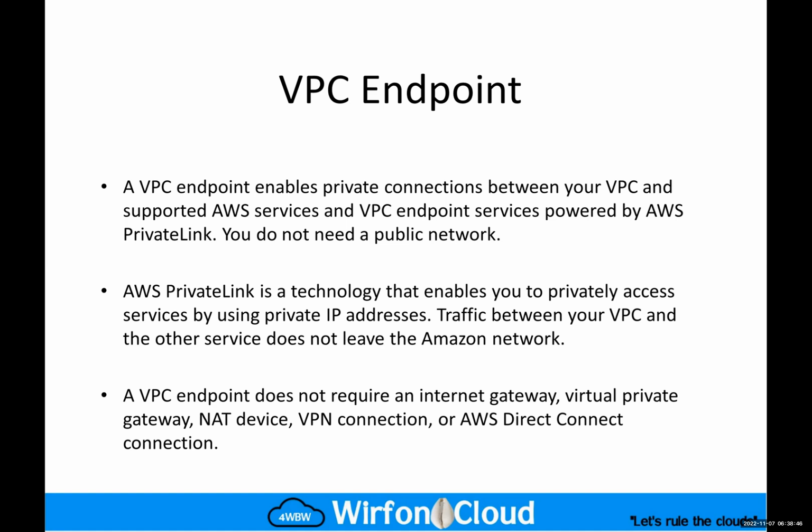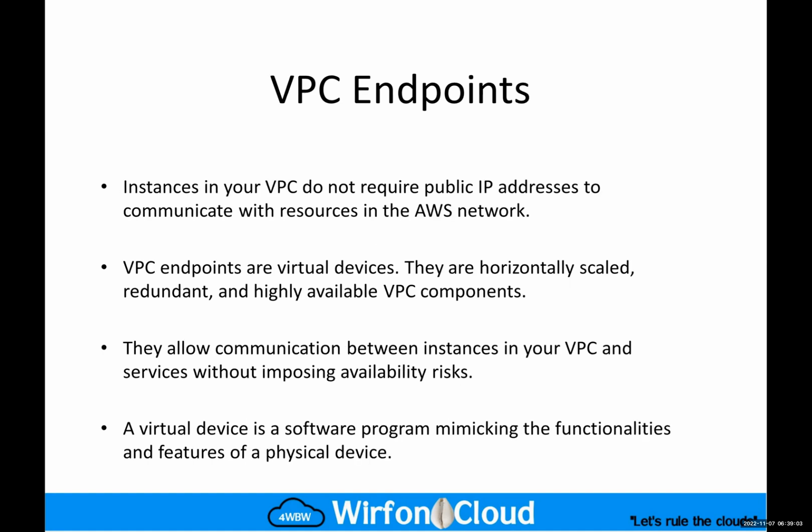So when you have a VPC endpoint, you don't need the internet gateway anymore to reach your S3 bucket. You don't need a NAT device or a NAT gateway for resources that are in the private subnet. Another aspect is that you might be tempted to see VPC endpoints as bottlenecks to your resources, but they are very scalable.